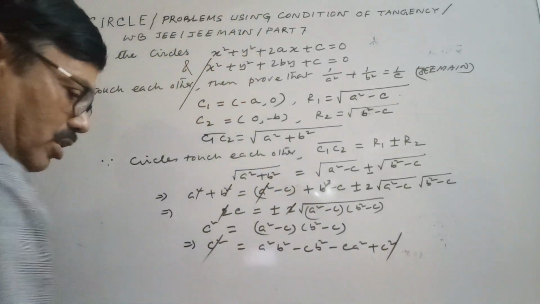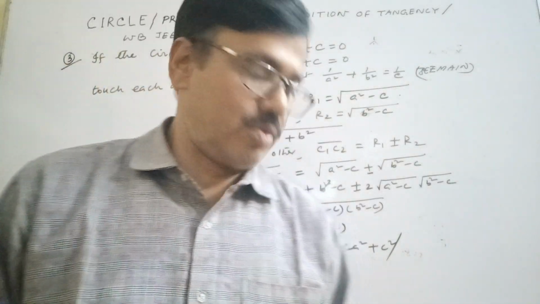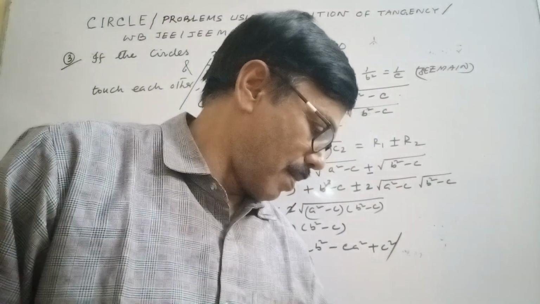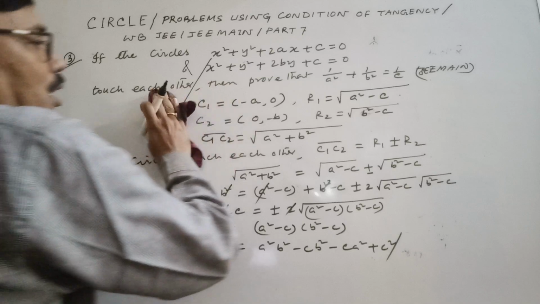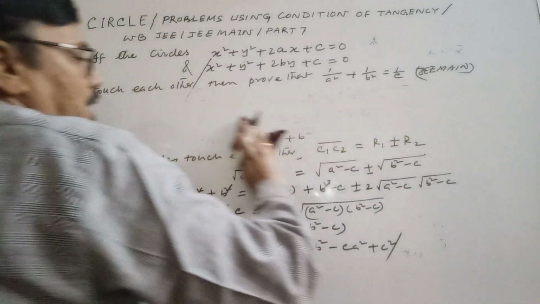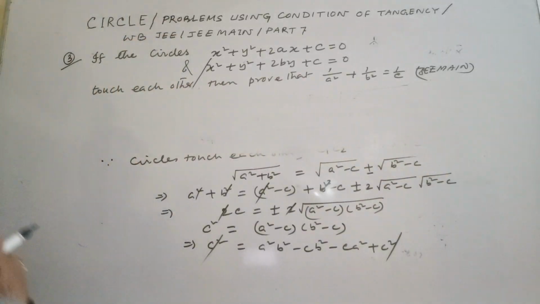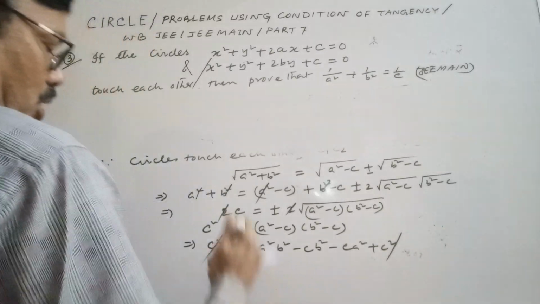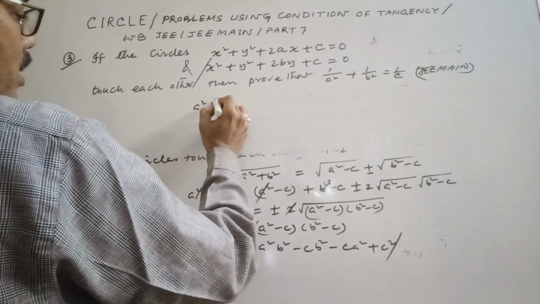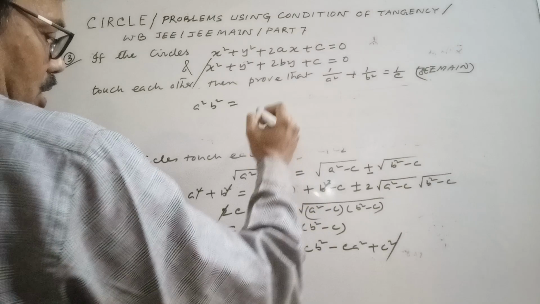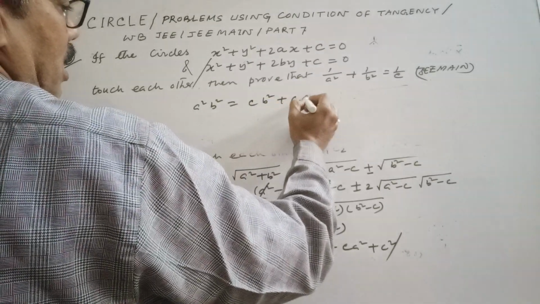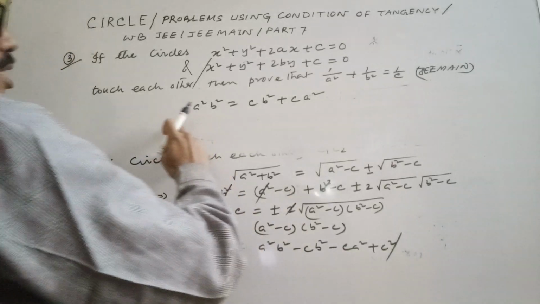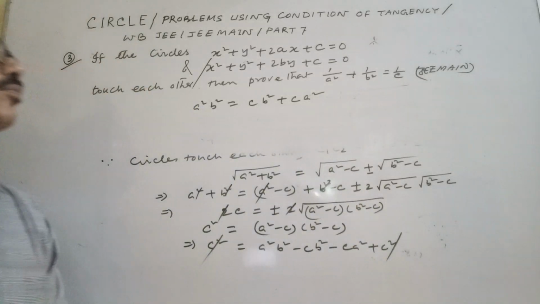So c square cancels out. Finally we are getting the simplified form, no root. So a square b square equals c b square plus c a square. So this is our condition.